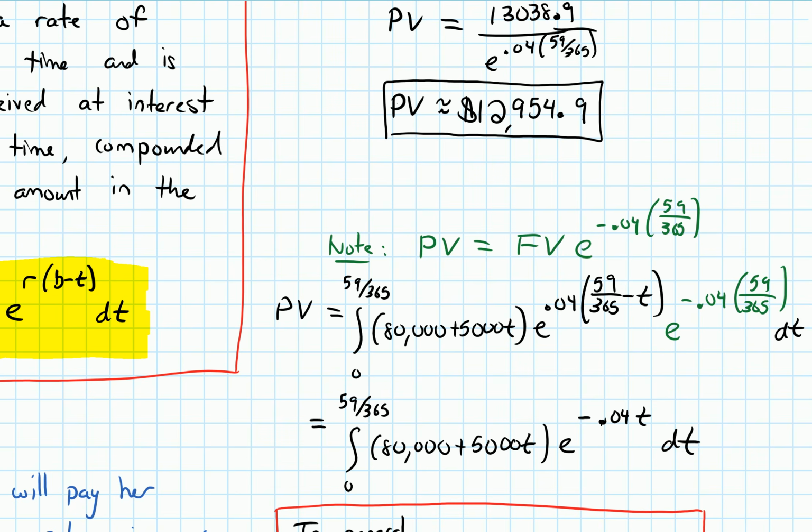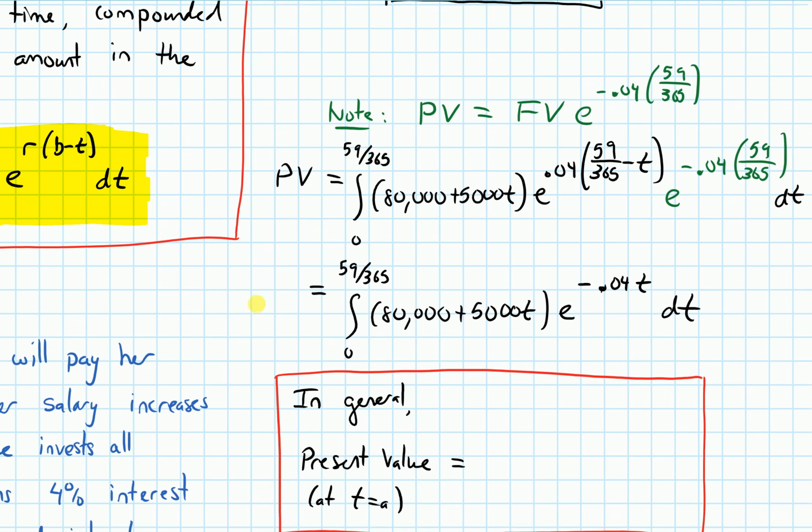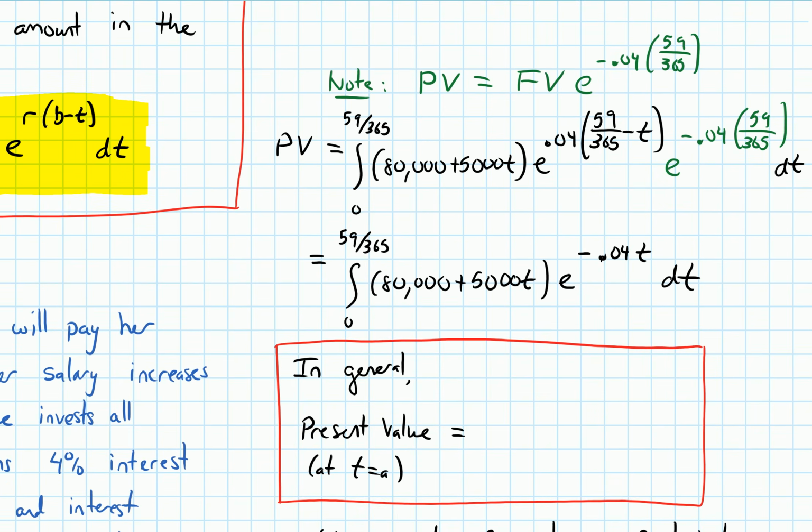The reason I'm doing this is that it gives me another way to write present value as an integral. In general, the present value of some income stream being deposited into an account earning an interest rate is equal to the integral from a to b. Notice at the front we still have the income stream formula, r of t, but then the exponential part changes.